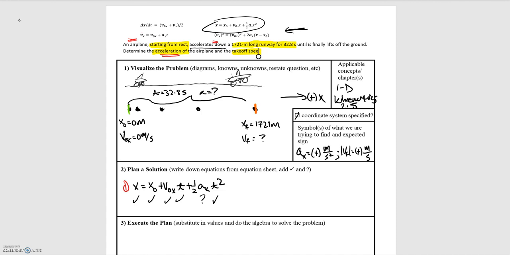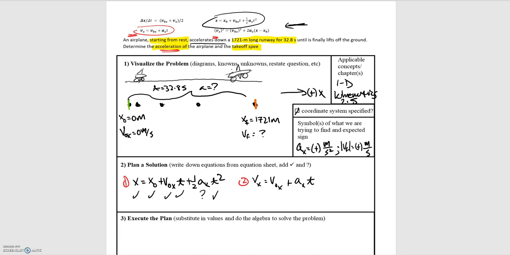So I'm going to choose the velocity as a function of time so I don't have to deal with taking squares or square roots. So that equation is the final velocity is equal to the initial velocity plus the acceleration multiplied by time.